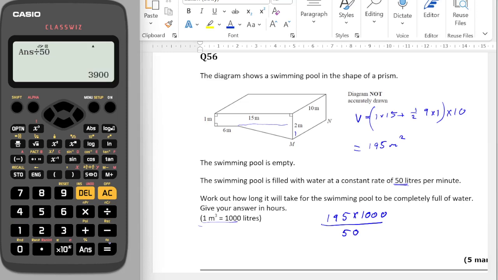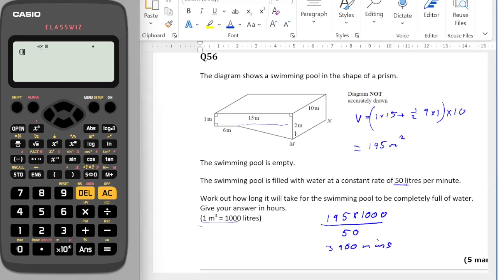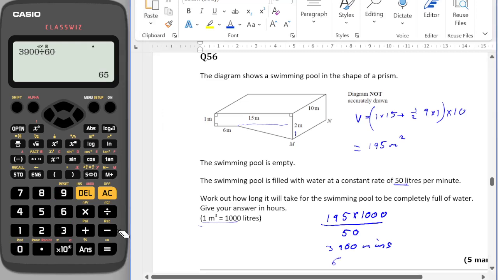So 3,900 minutes. If we convert that into hours, 3,900 divided by 60 gives me 65 hours.